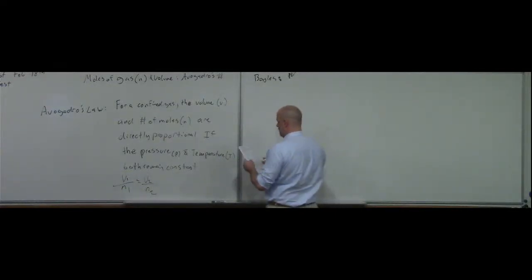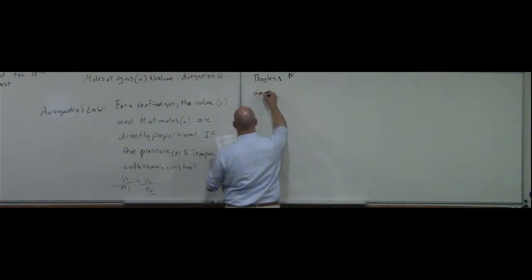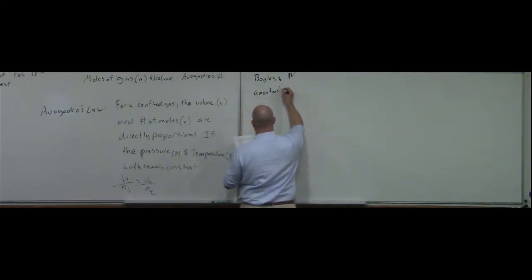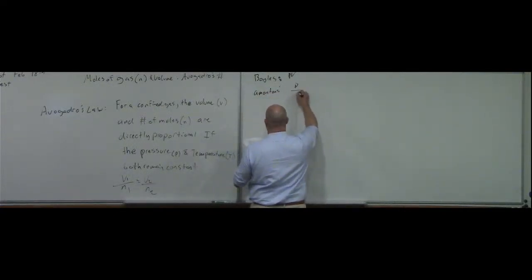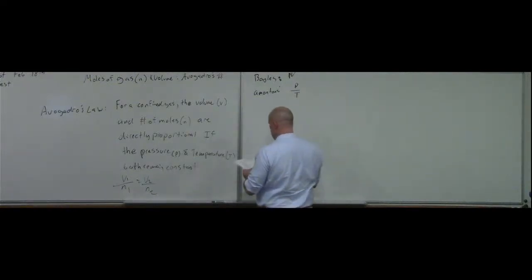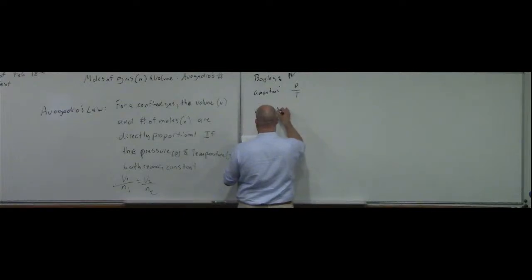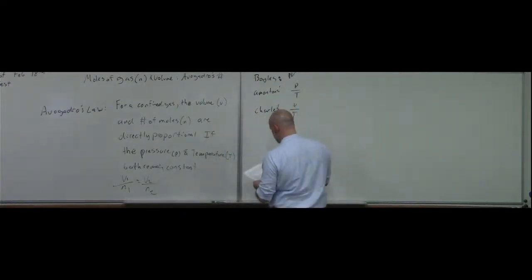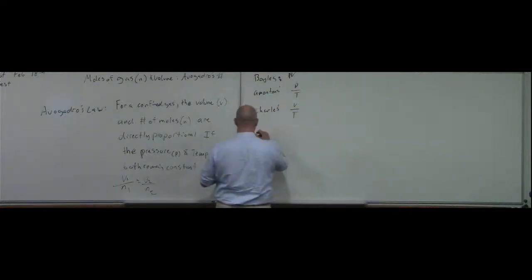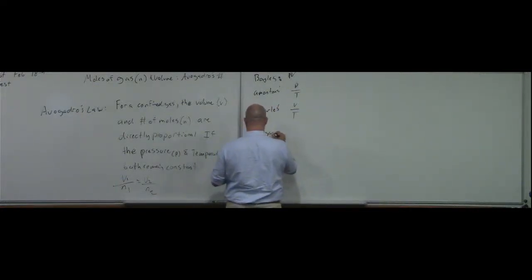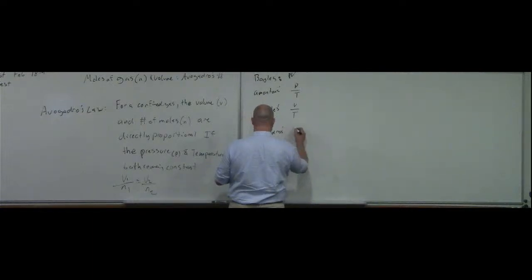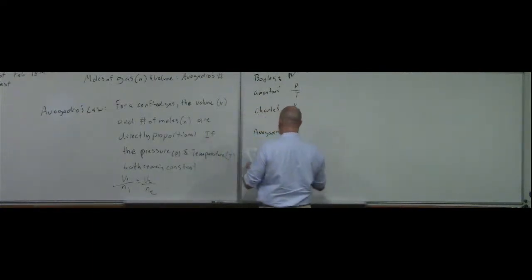Amontons's law has pressure over temperature at a constant volume and number of moles. Charles's law relates volume and temperature. Avogadro's law relates volume and the number of moles.